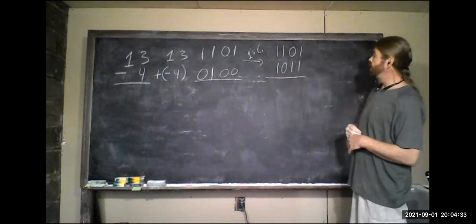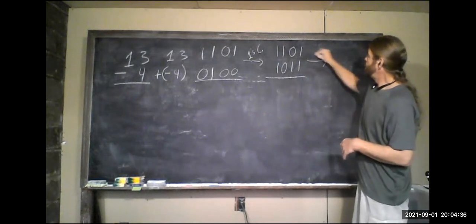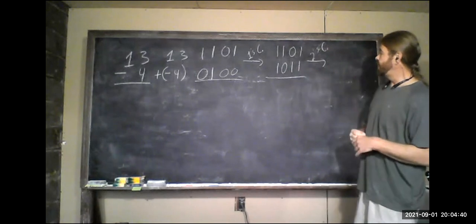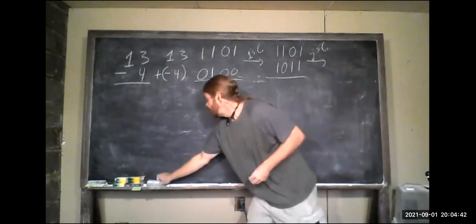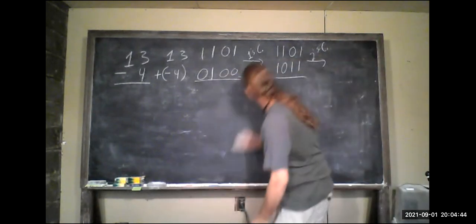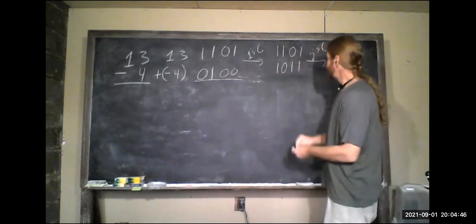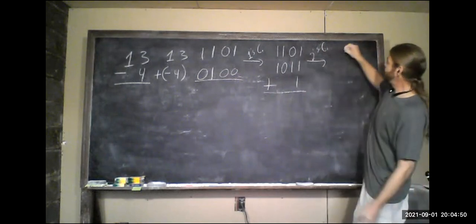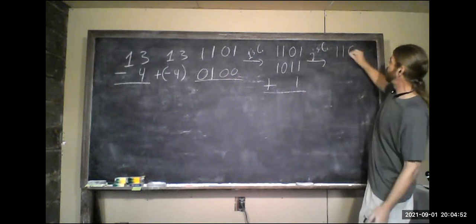So to get our 2's complement, we need to add 1 to this. So plus 1, then our positive number is still just a positive number, 1, 1, 0, 1.